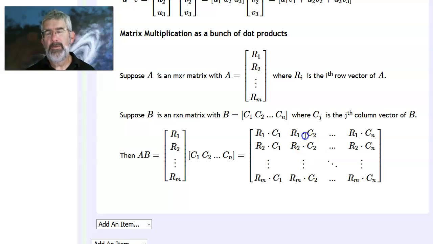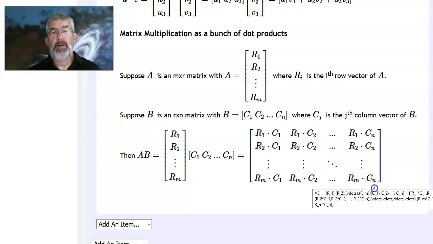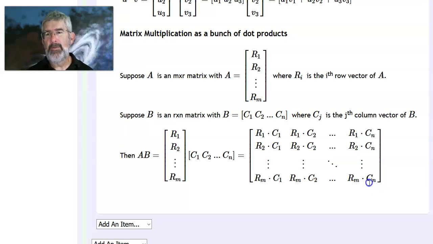Row of the first matrix dotted with a column of the next matrix. And so there we have, I think, a cleaner way of saying what's going on with matrix multiplication. The entry in the ith row, jth column is the ith row vector of A dotted with the jth column vector of B. And in that way, you get an m by n matrix as a result.